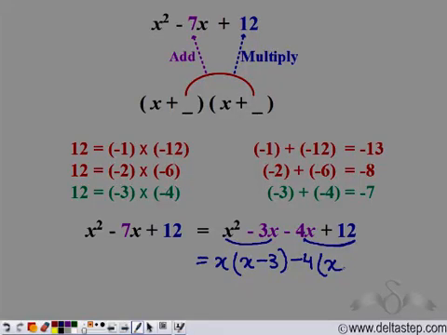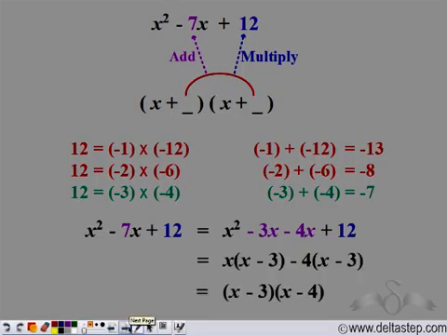Negative 4 into what will give us a 12? Negative 4 into negative 3 is 12. So minus 4 into minus 3 gives us 12. So we have x minus 3 as the common factor. So we write it as x minus 3 into x minus 4. This is the factorized form of this expression, x minus 3 into x minus 4.